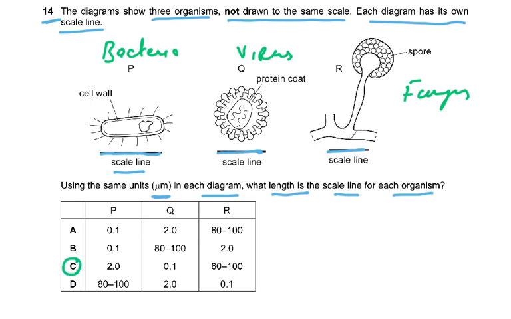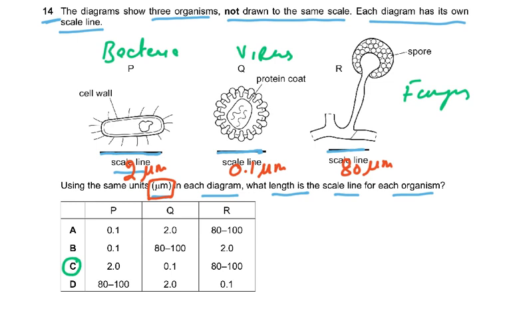But then please understand why the answer is C, because here on this scale line, we would write 2 micrometer. On this scale line, we would write 0.1 micrometer, because I told you in the question that this is micrometer, and here we would add, say, 80 micrometer. And this is how we would have done this, because knowing that this would be bigger and this would be smaller.